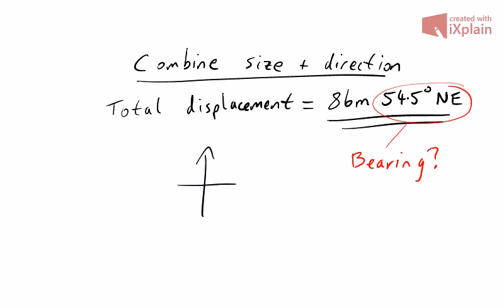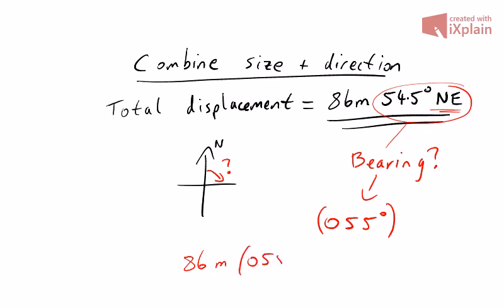So how do you do that? Well, what is a bearing? When you talk about a bearing, you're looking at how far away you've been moved from north, so what angle you've been displaced from north. In our case, it's around about 55 degrees we've been displaced from north.